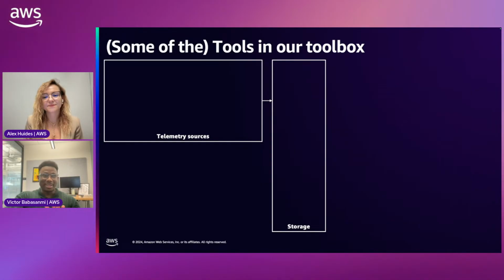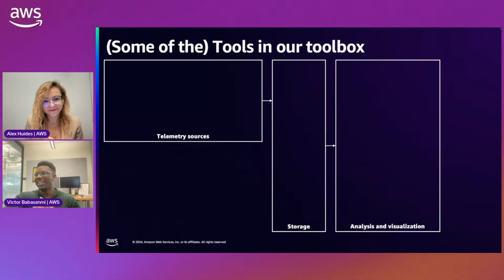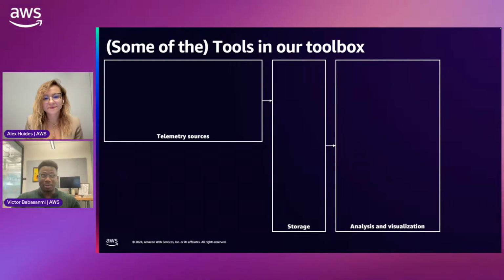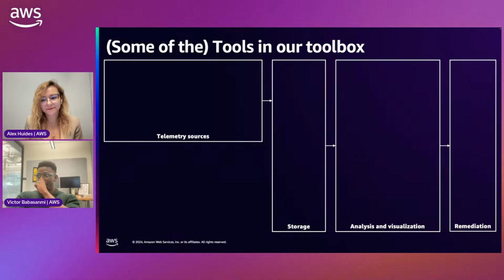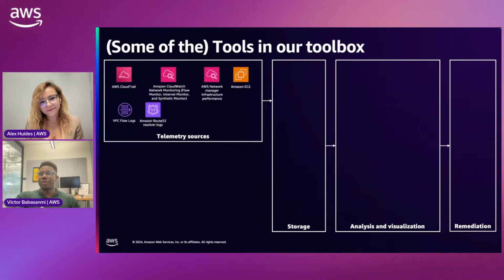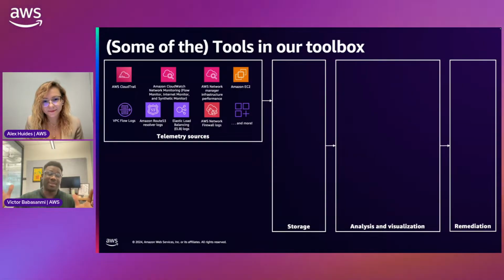And I guess that's where Puria's comment about Flow Logs being expensive comes from, because you have to pay for the storage costs for some of this telemetry data, like the logs. And then you want to be able to analyze and visualize them with dashboards, which we're going to show today, and also take remedial actions. And there's a bunch of these telemetry sources that you can have: CloudWatch network monitoring, which we covered last week, VPC Flow Logs, all the different services that emit logs.